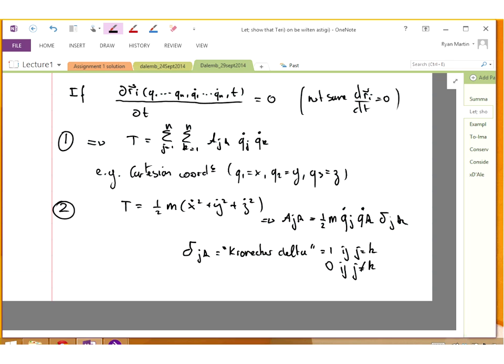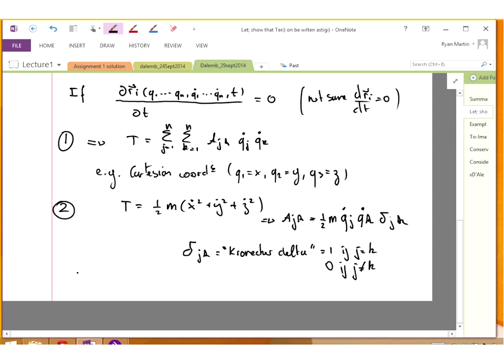So if I look at the term with the x's, for example, the first term, well, let me write it out explicitly. The first term is a half m x dot squared.